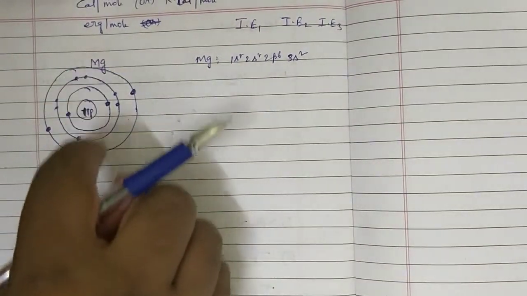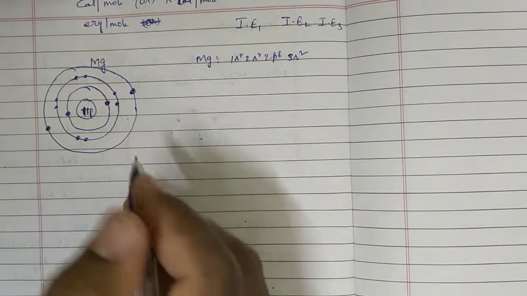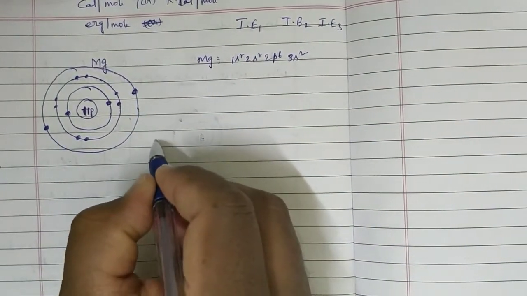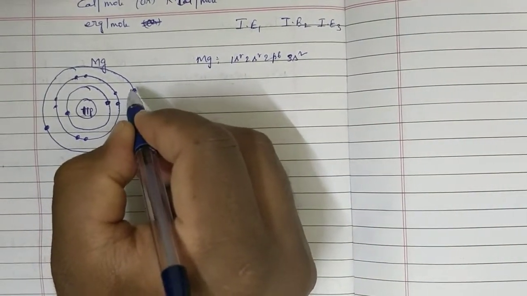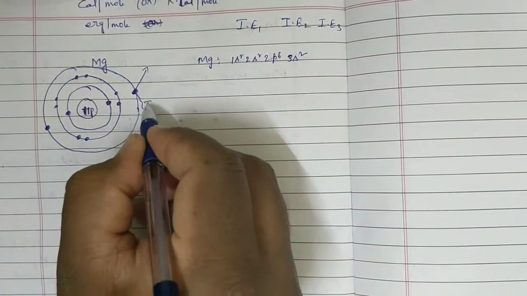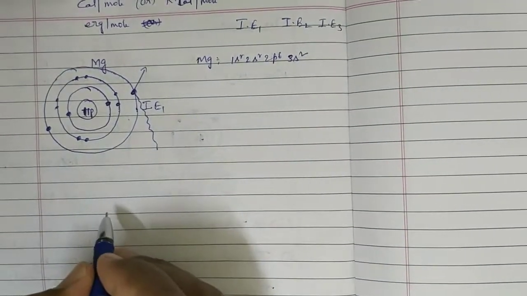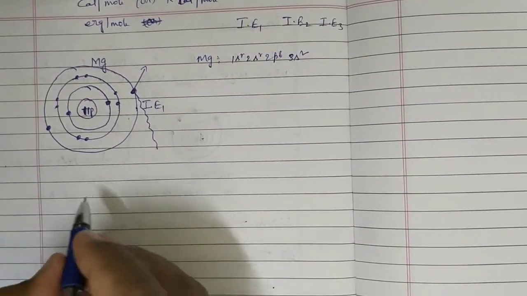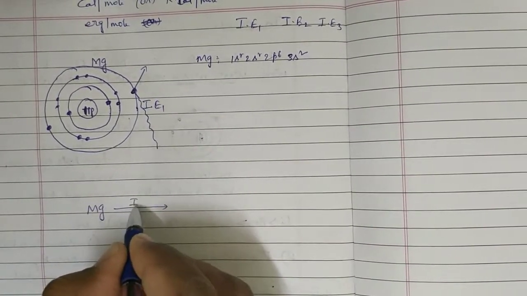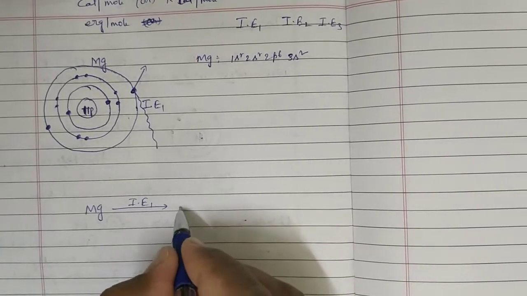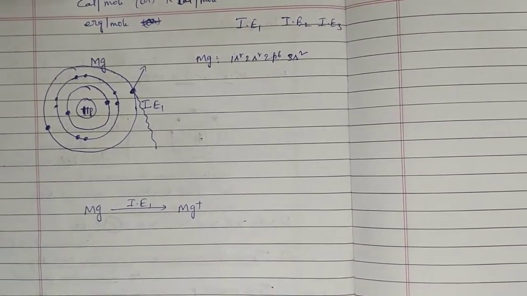This is the neutral atom magnesium. For this I supplied some amount of energy from outside to remove the first electron. This is called IE1. Okay? Now see, magnesium, I supplied IE1, it is converted to Mg plus.